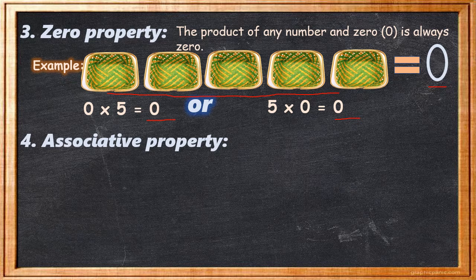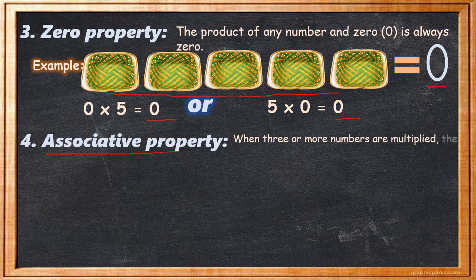Associative property. What is our fourth property? Associative property. Children, this property is about grouping. Here it says if we change the group of multiplicands and multipliers, the product remains the same.